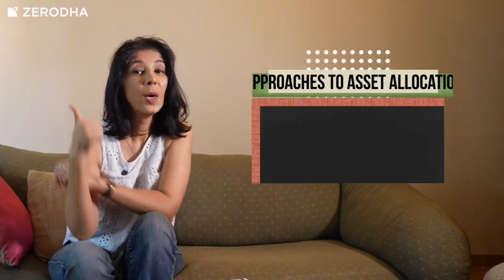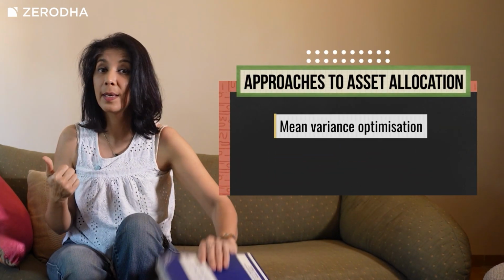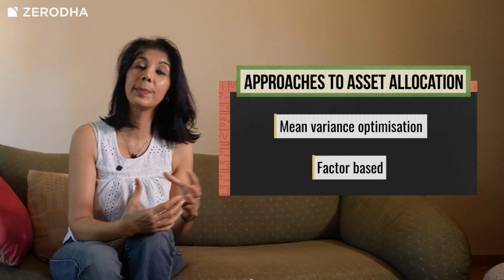So they take a much more qualitative approach to diversification or asset allocation. So they're the two ways. One is called mean variance optimization, taking the mathematical formula, and the second is a more factor-based approach. I kind of lean towards the second, which is much more qualitative, but much more intuitive to understand.